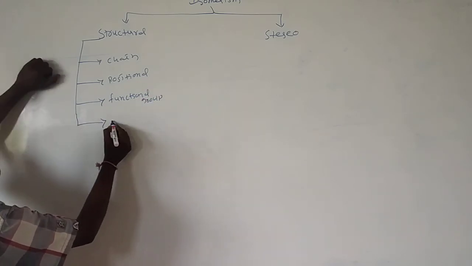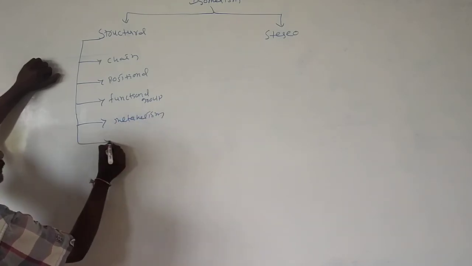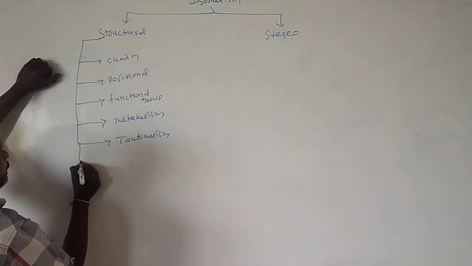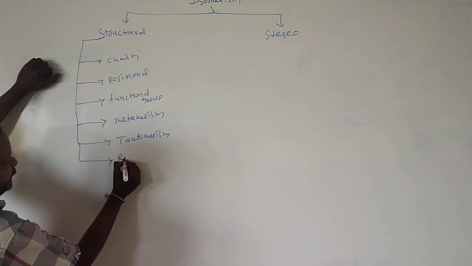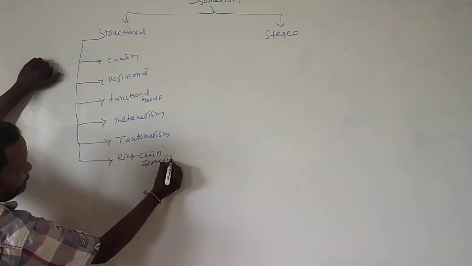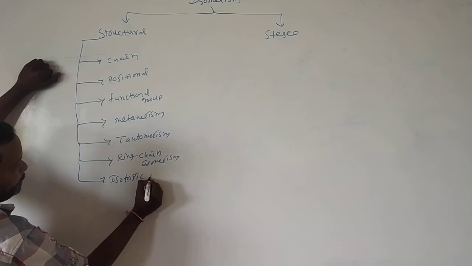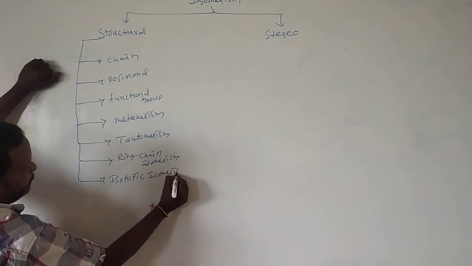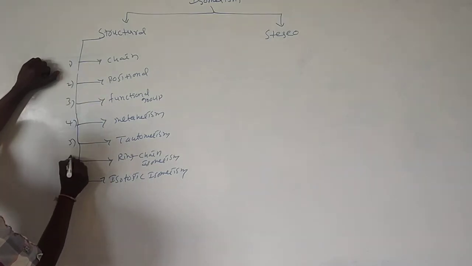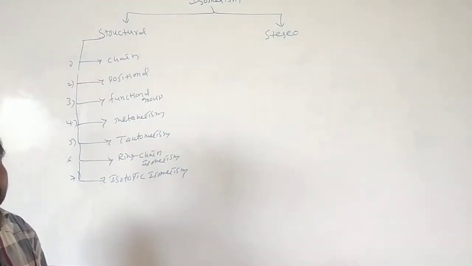Fourth, metamerism. Fifth, tautomerism. Sixth, ring chain isomerism. And seventh, isotopic isomerism. 7 types finished. I explained all those isomerisms.